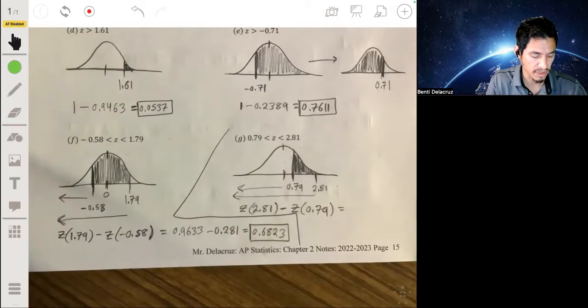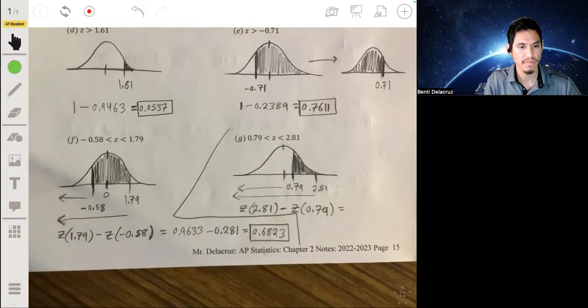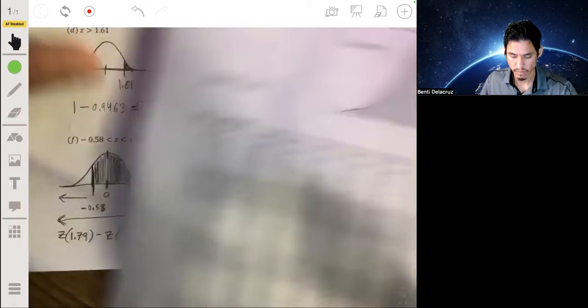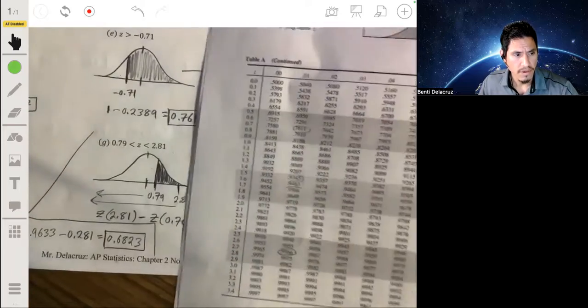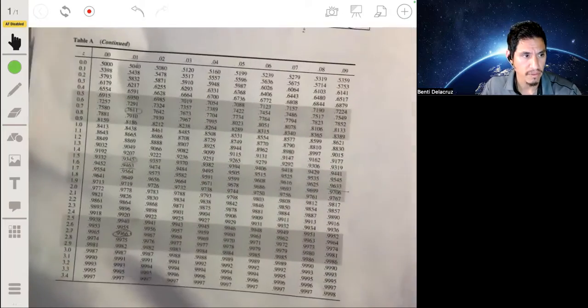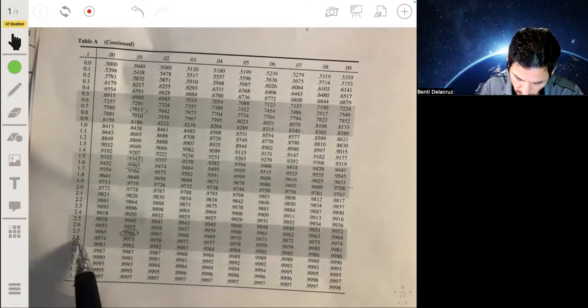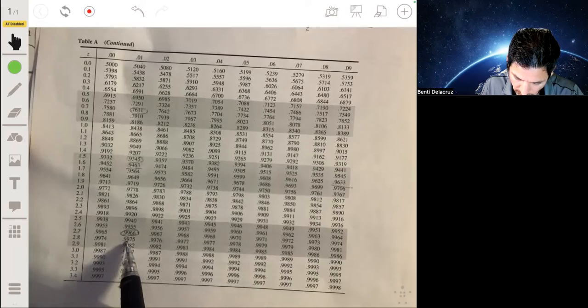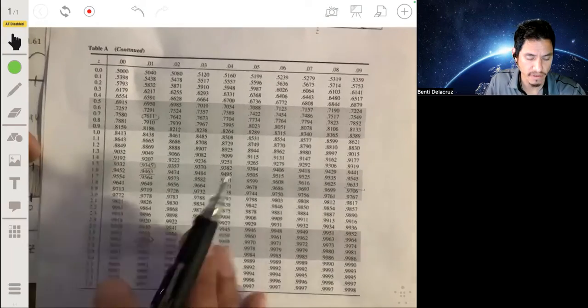And so let's go to our table again. So 2.81, that is 0.9975.